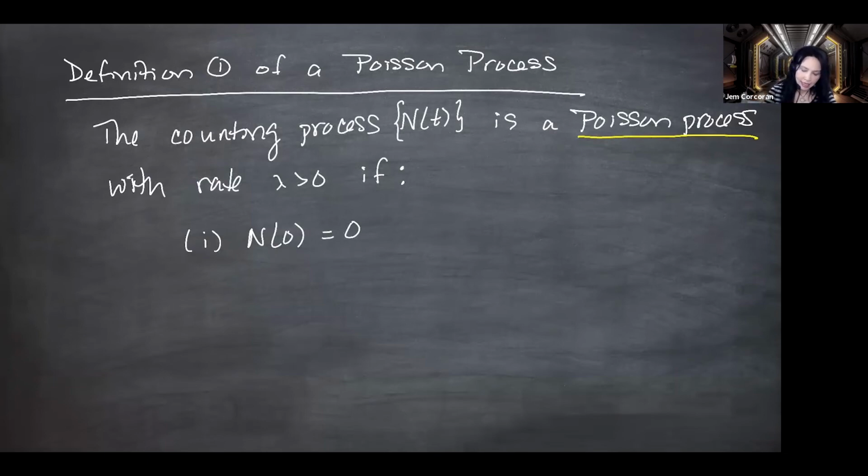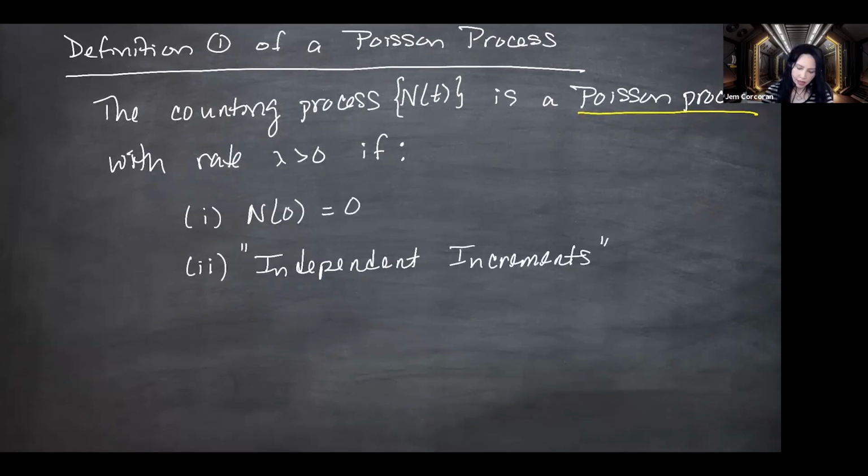Okay, the second thing is known as the independent increments property. It's way too many letters. Independent increments property.